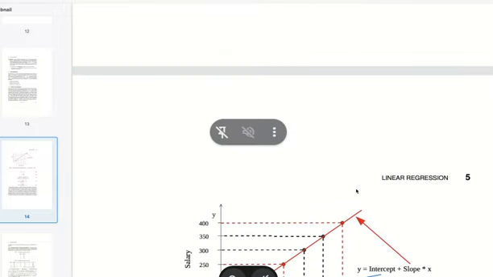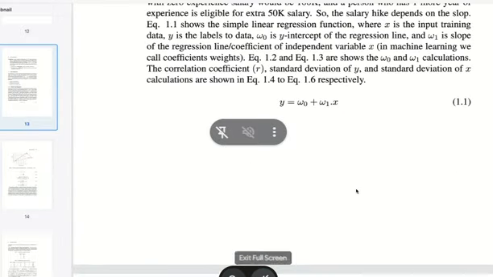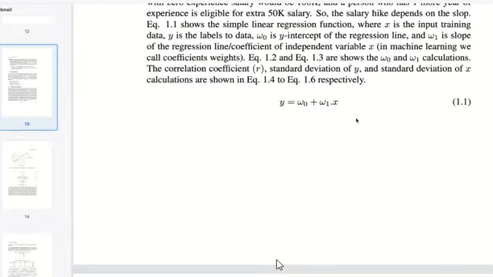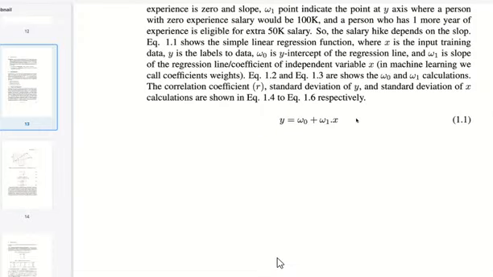To solve this simple problem, we have equation 1.1, that is y equals intercept plus slope times x. Here x is the independent variable and y is the dependent variable. If we can find omega 0 and omega 1, which are intercept and slope, then for any value of x, we can easily find the value of y, right?